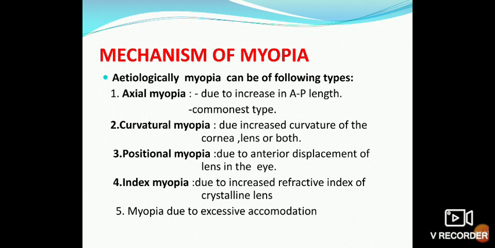The anterior surface of the lens becomes more curved, and when any surface becomes more curved, the power automatically increases. As the power increases, the converging power will increase, leading to myopia. This is called myopia due to excessive accommodation, also called pseudomyopia or spurious myopia. So these are the five different types of myopia.